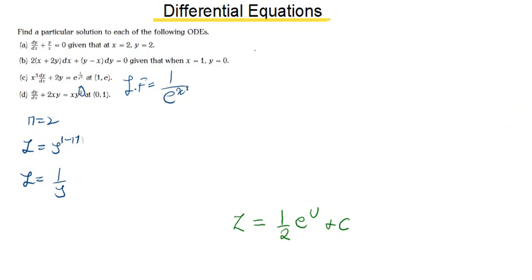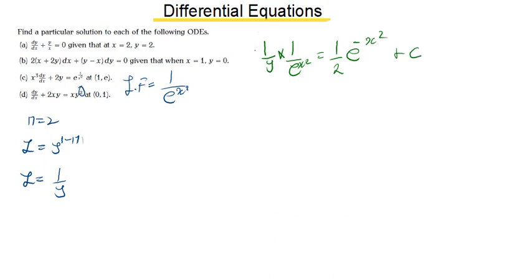So keep in mind we said our z is equal to 1 over y, and that we are going to multiply that by the integrating factor, which is 1 over e to the x squared, is equal to 1 over 2 e to the, we said our u was negative x squared there, plus a constant. I have to find what my constant is from that one.